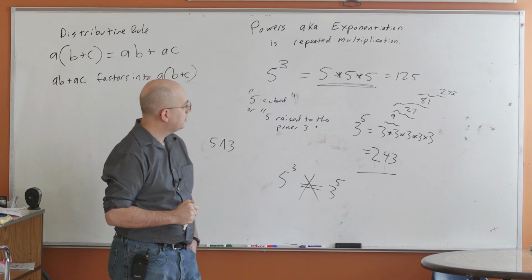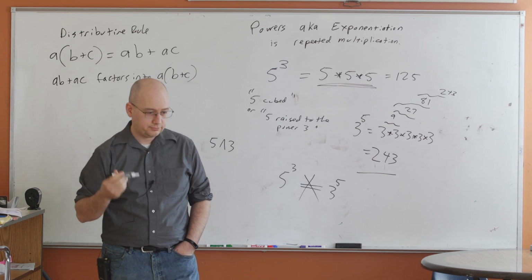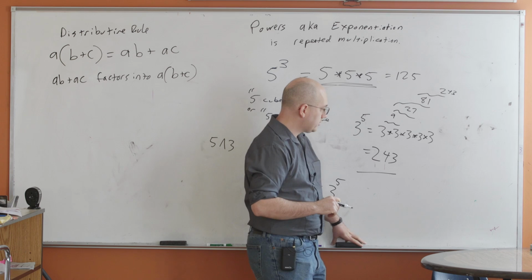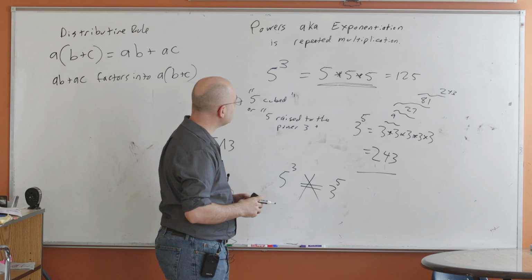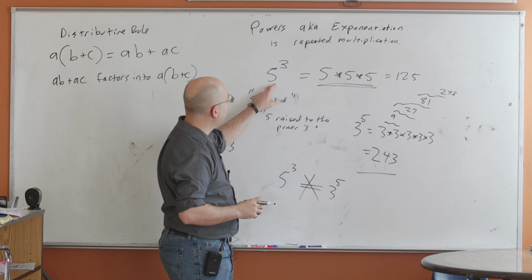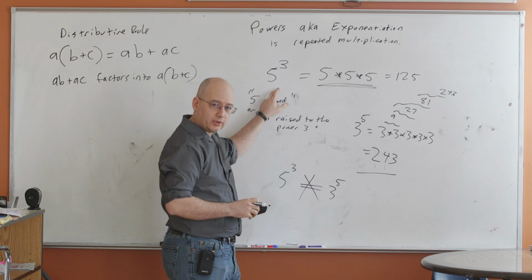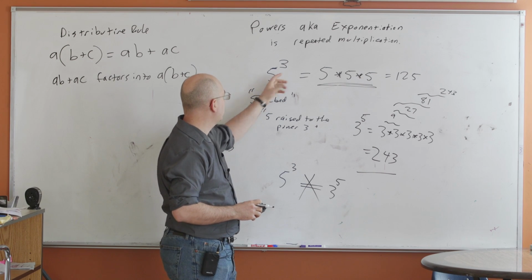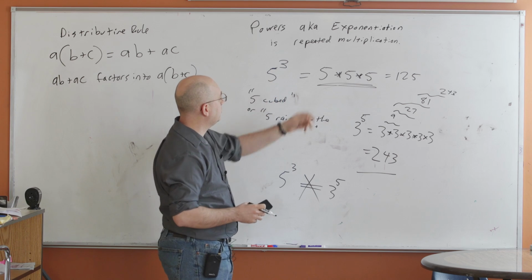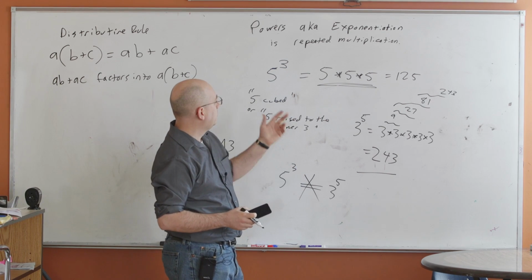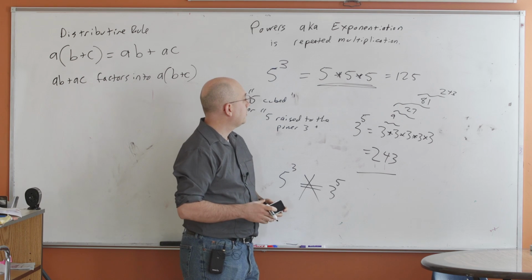So that's what powers are. They're used quite a bit in various contexts. As I hope you can see from this example, numbers start to get large very quickly. 5 to the 3 is already 125. 5 to the 4th would be, I think, 625.